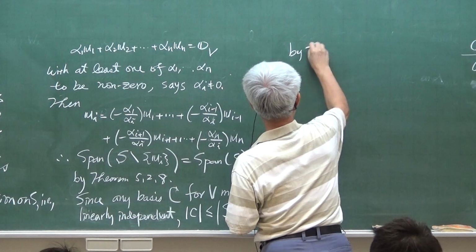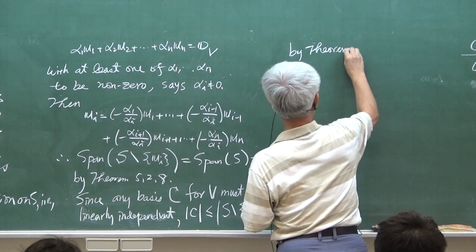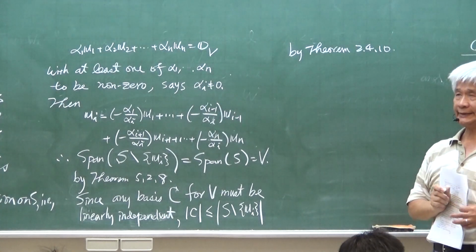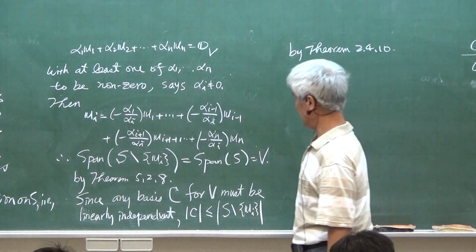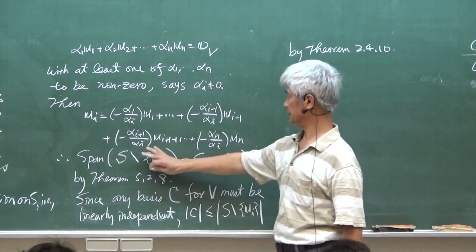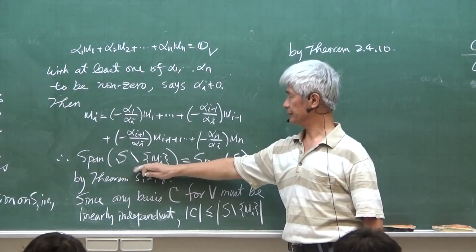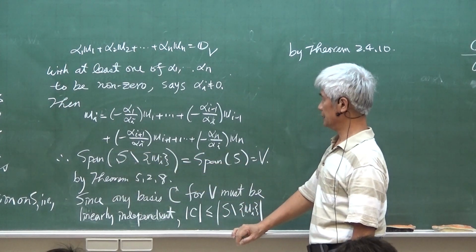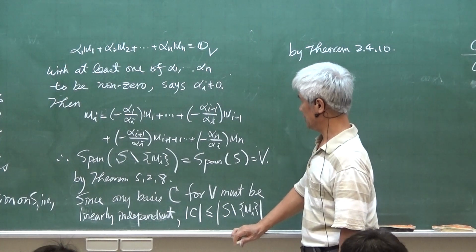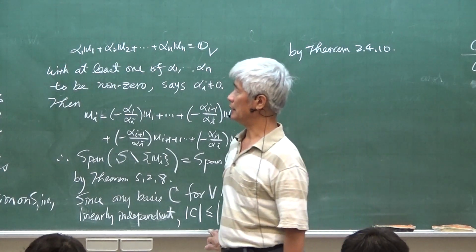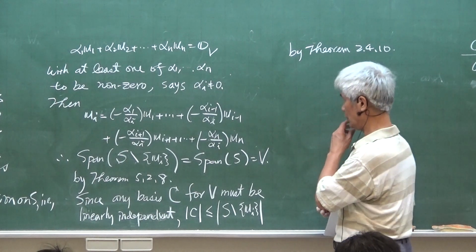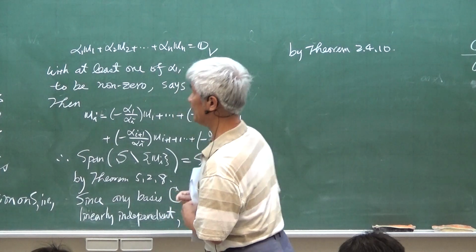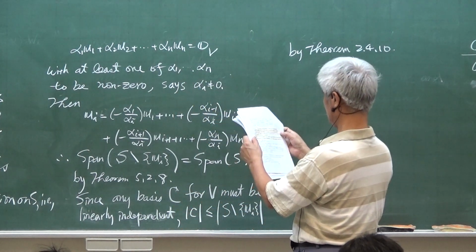By theorem 2.4.10. Remember, theorem 2.4.10 says that if you have a spanning set, and the size, for example, here this is n-1, if we have more elements than this, they must be dependent.